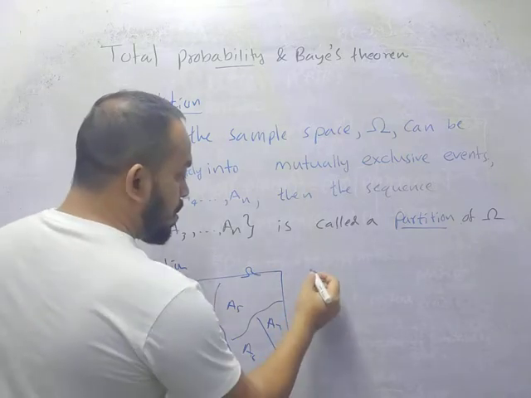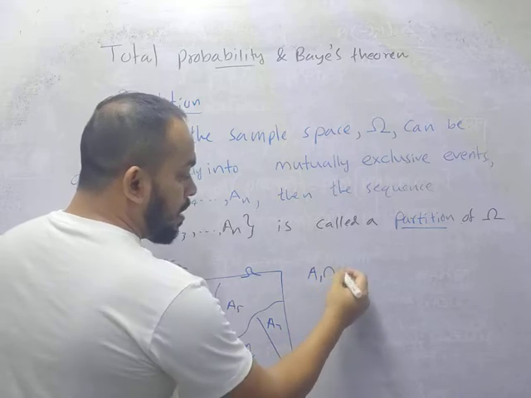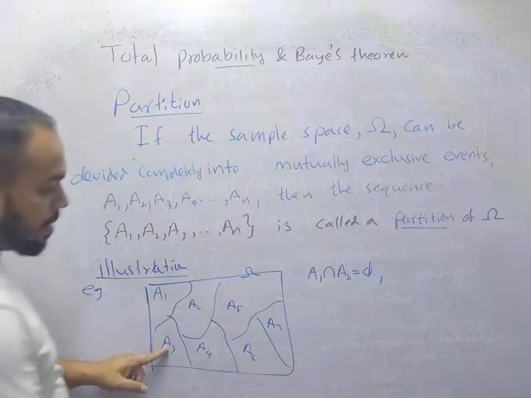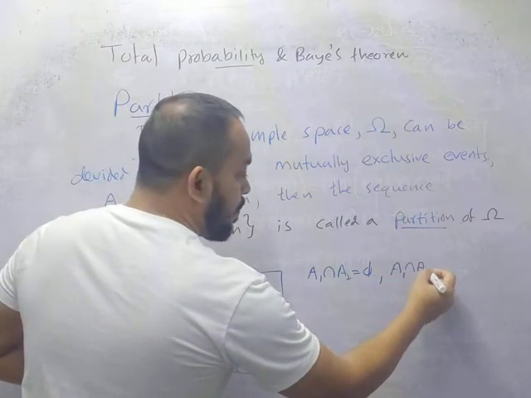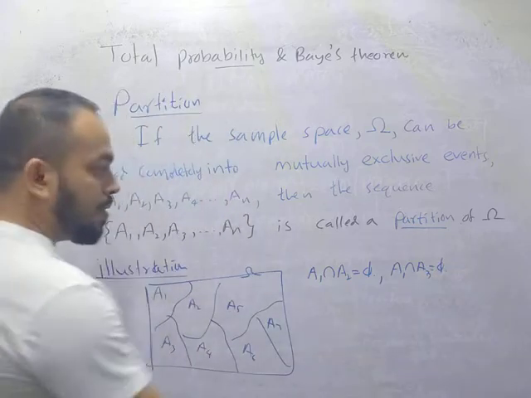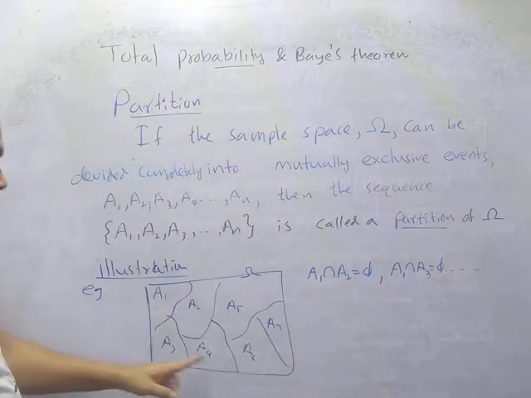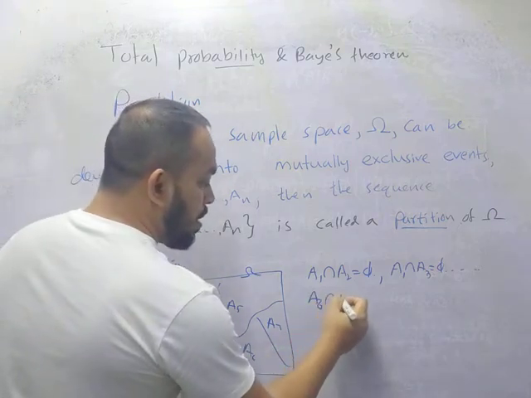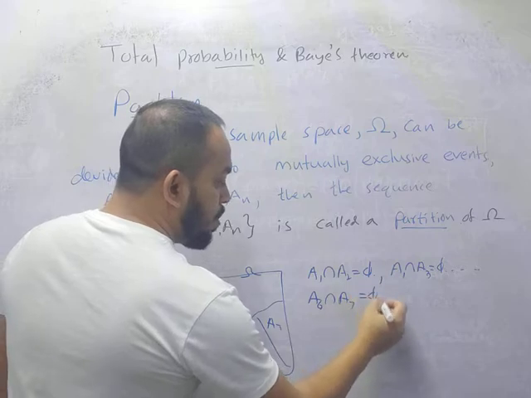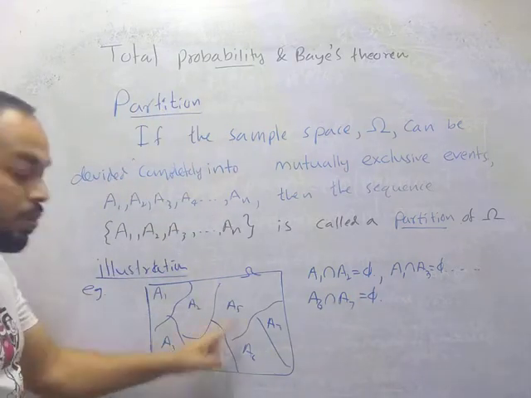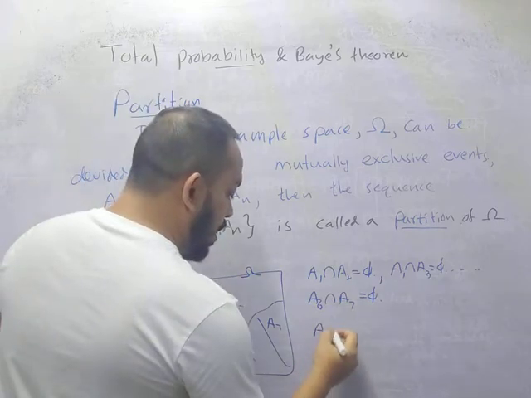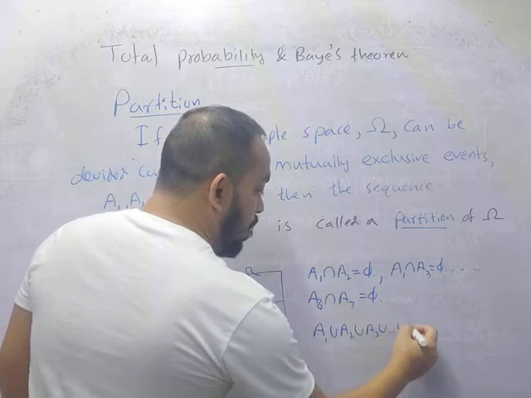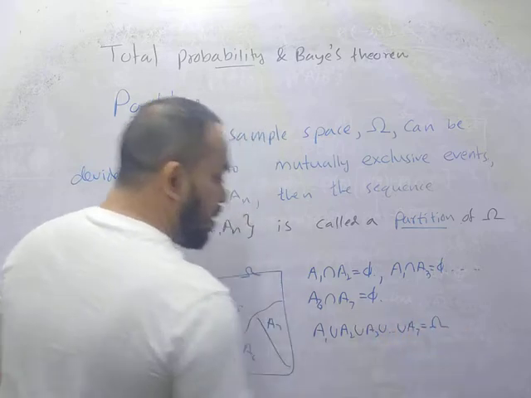A1 intersection A2 is null, A1 intersection A3 is null, and we can go on like that, until finally A6 intersection A7 is also null. And the union of all of these, A1 union A2 union A3 up to A7, would represent the sample space.